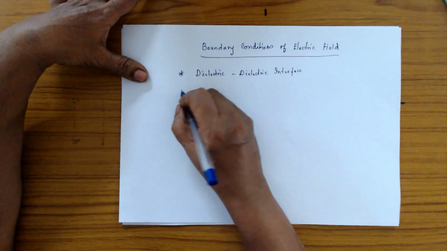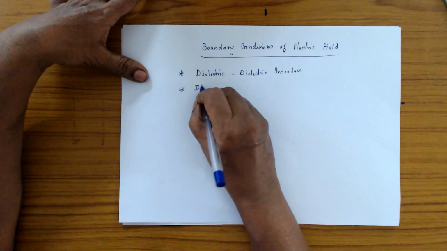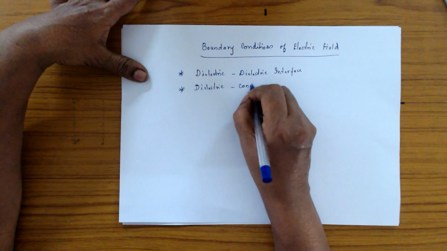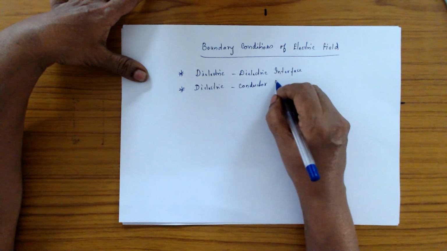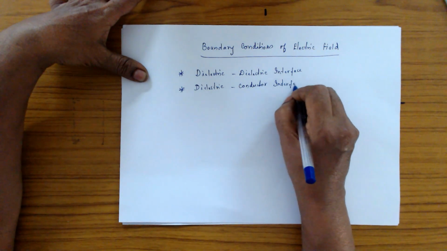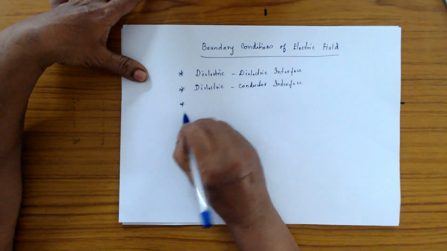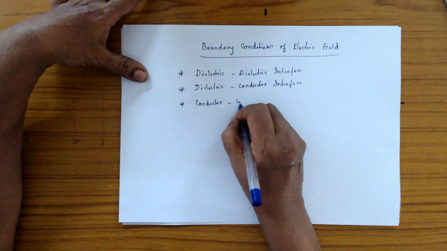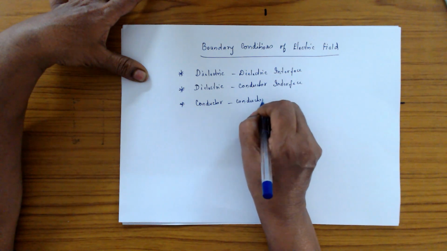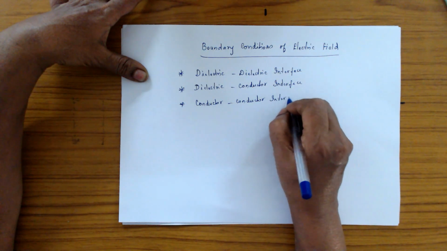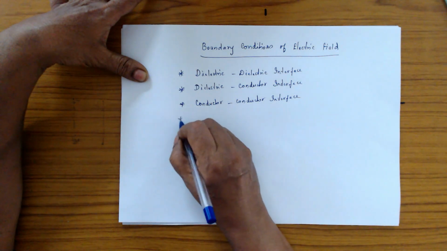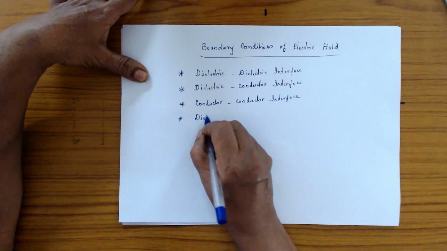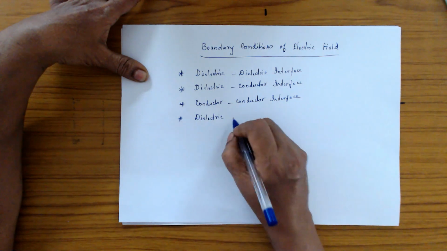Then maybe it is a dielectric-conductor interface. That is the second interface. The third interface is the conductor interface. Then it may be a dielectric and air interface, where the media is air.